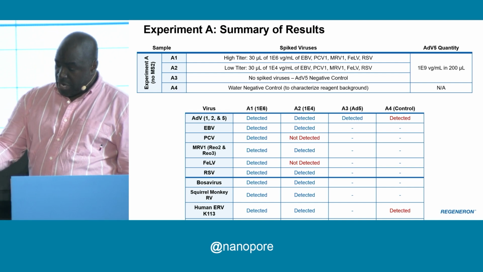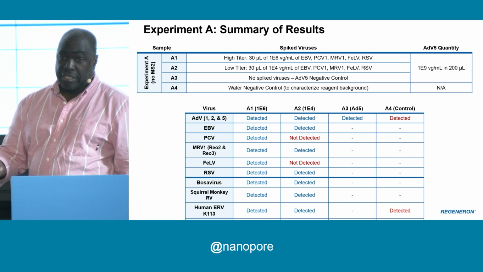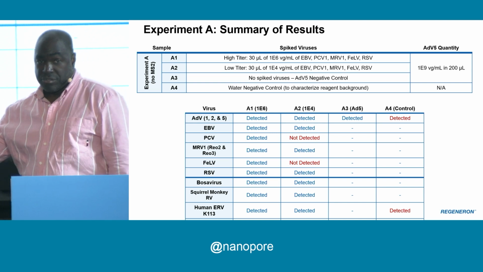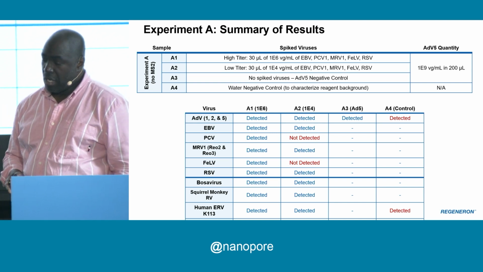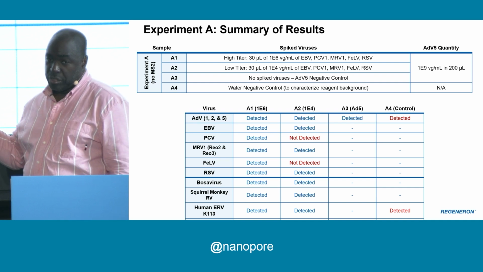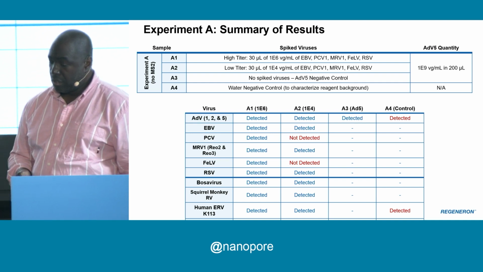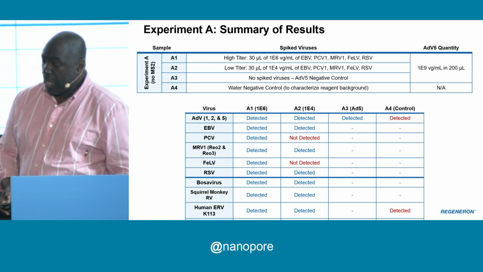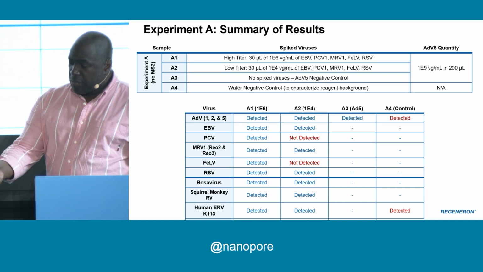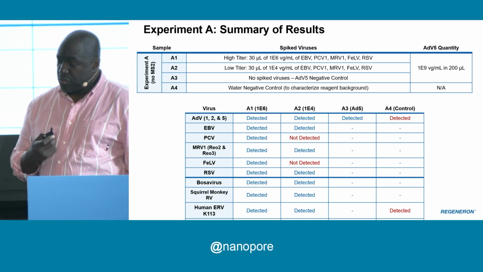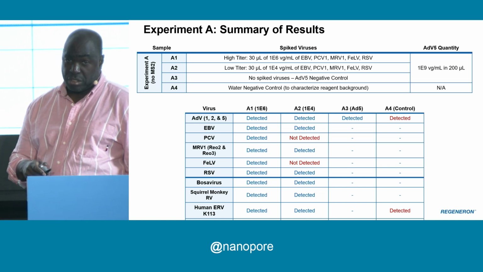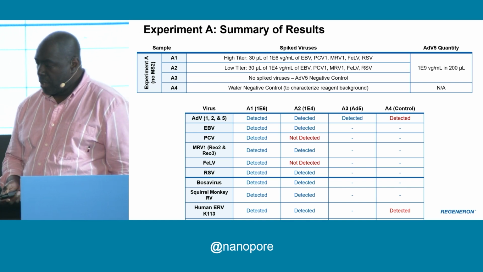The Bosa virus and the squirrel monkey virus are believed to be contaminants from the virus spikes that we purchased, and this has been confirmed with colleagues at AdVTiG. The human ERV, we suspect, comes from reagents that we use.